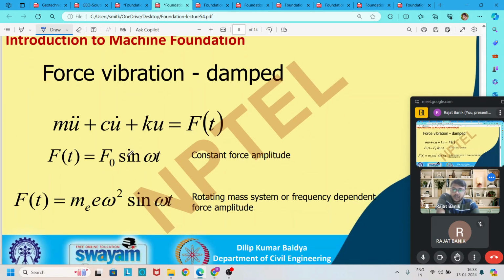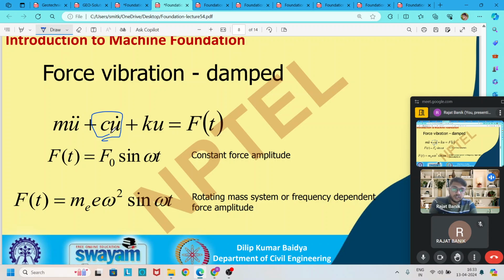Now we come to forced damped vibration. In forced damped vibration, one extra term is added, which is C into u dot, which is nothing but the damping term, the dashpot term. In forced vibration, we use two types of external force.